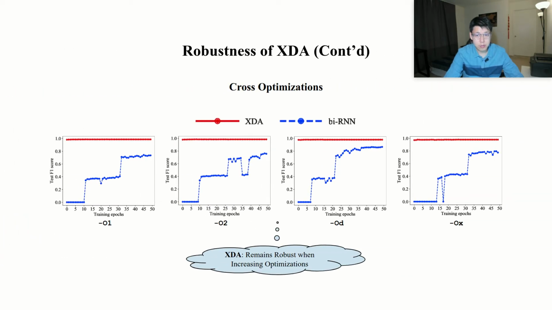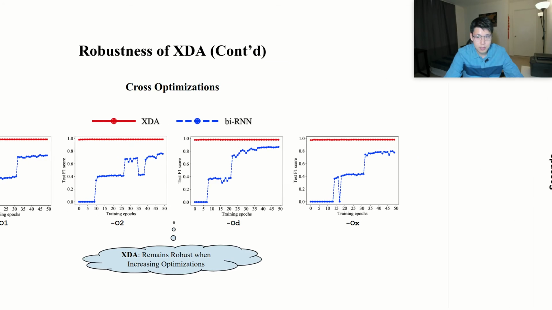Besides the general accuracy, we also evaluate the robustness of XDA. Specifically, across different optimizations, XDA remains high testing F1 scores, while we can see that bidirectional RNN struggles with more aggressive optimization levels. Very interestingly, we also observed that the pre-trained XDA reaches over 95 F1 score within the first training epoch, while BiRNN struggles to have only 0 F1 score within the first 10 epochs.